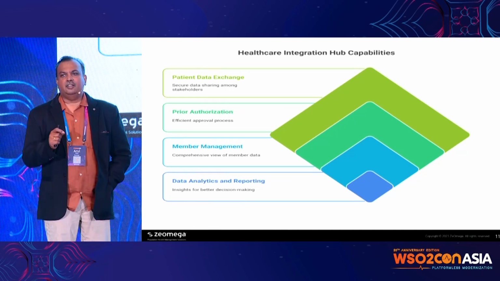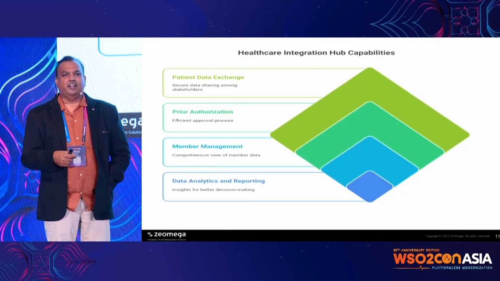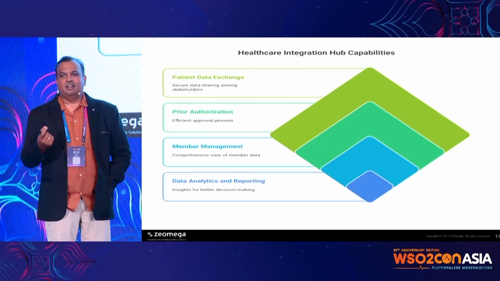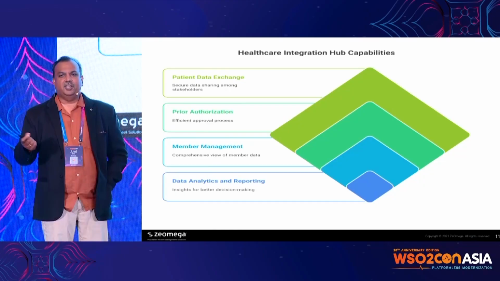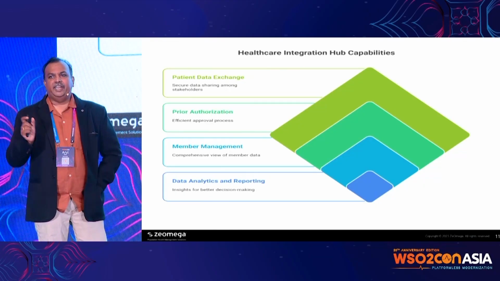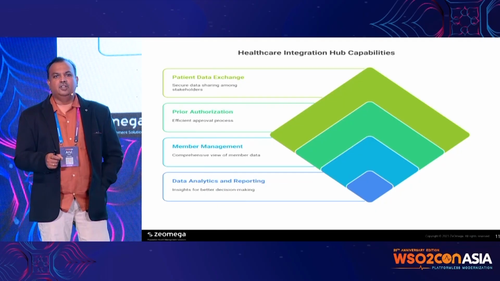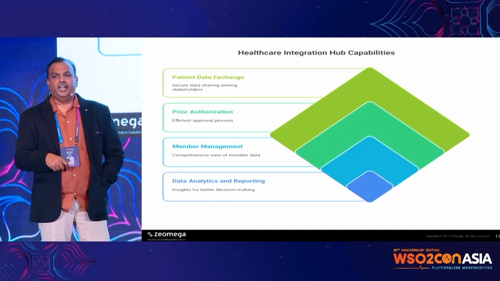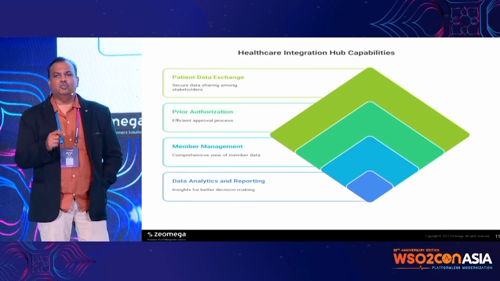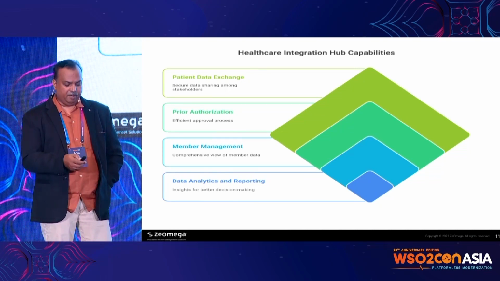Recently, you might have heard that US healthcare is adopting the JSON standard called FHIR, Fast Healthcare Interoperability Resources. It is nothing but a JSON standard, and they have dedicated profiles and API endpoints and what needs to be followed. So with this integration capability, we collect all the data, and the data is available through these API endpoints. That is what this integration hub capability is.